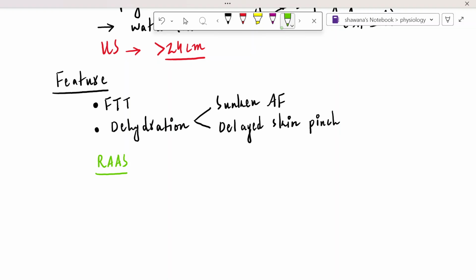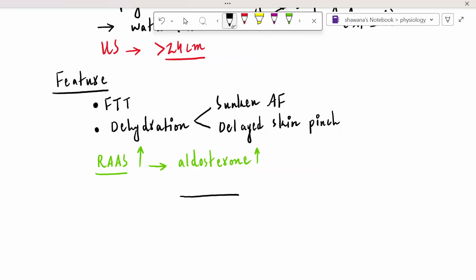But in case of dehydration, or when there is hypotension, it means that hypovolemia and blood pressure is low, the RAS is activated. It leads to the aldosterone production, that's obvious. And this aldosterone will affect the epithelial sodium channels, right?